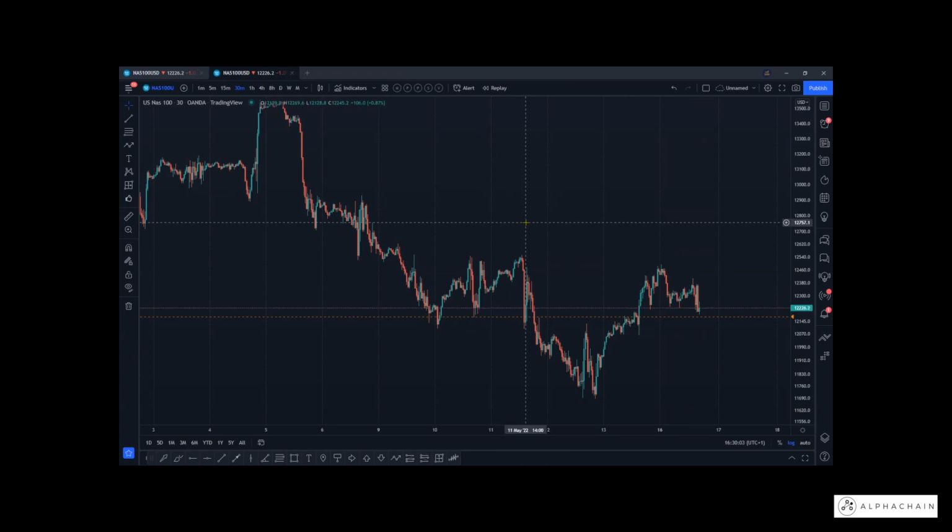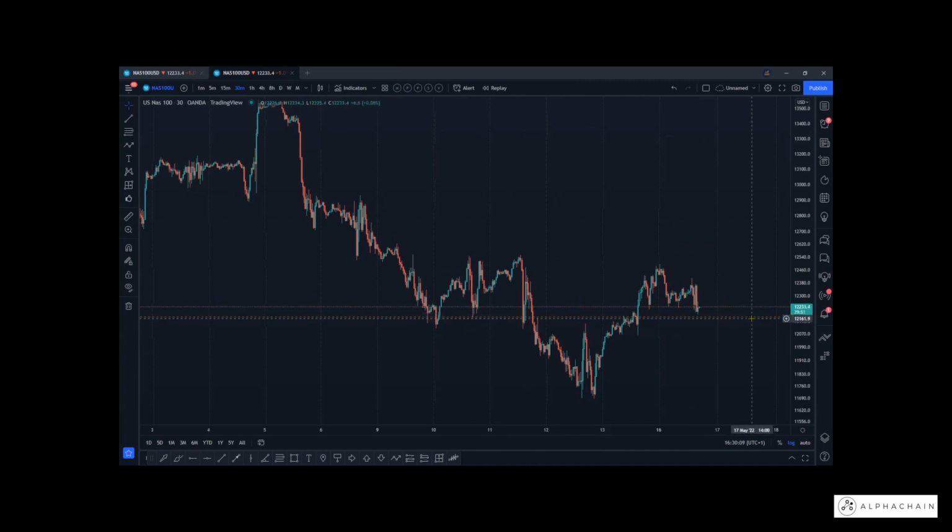I find TradingView alerts much better than anything else because it does pop up on my phone. That's one method. I know there are a couple of mobile apps on both Android and iOS that you can download that give you price alerts on your phone as well. That's the way I'd go about it.